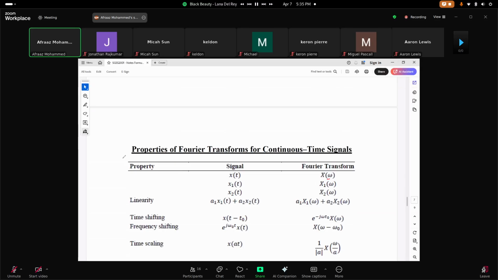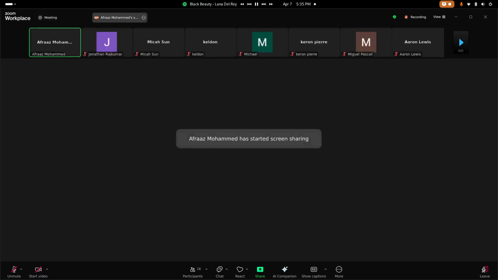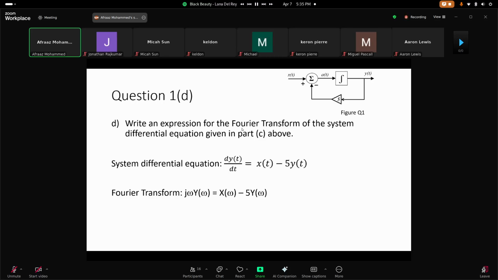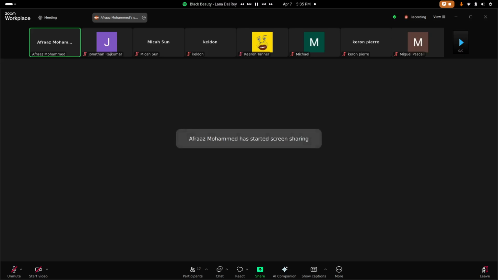Okay, so in the question, we have to find the Fourier transform of the system differential equation. And this is the system differential equation here, right? dy of t dt is equal to x of t minus 5 y of t. I just want to show you how to use the sheet.